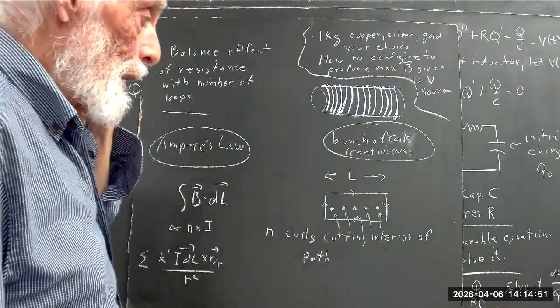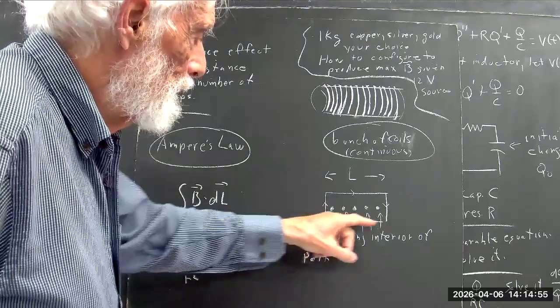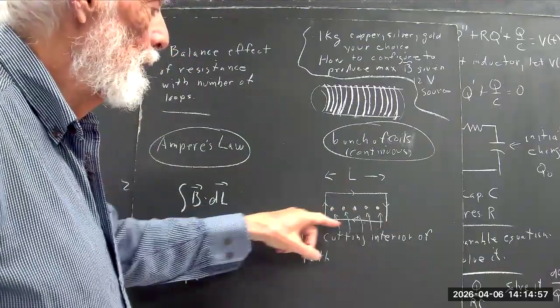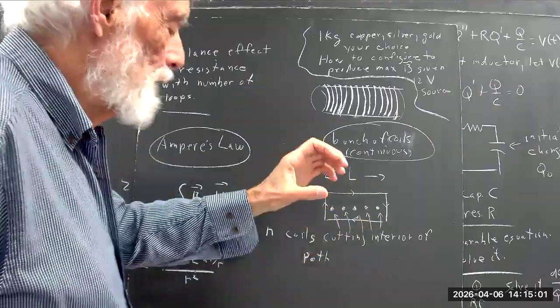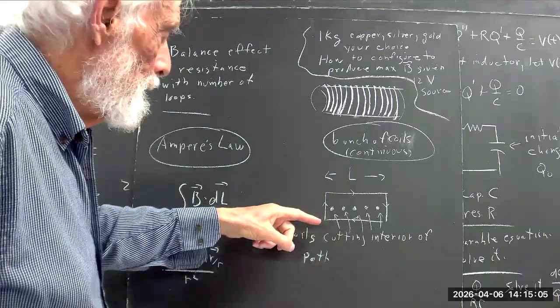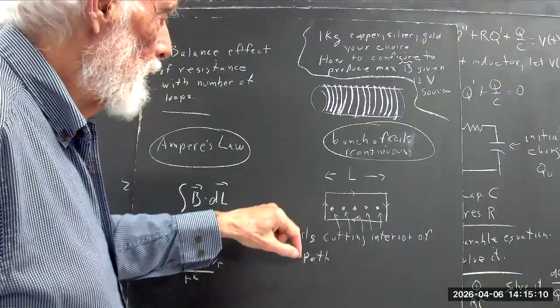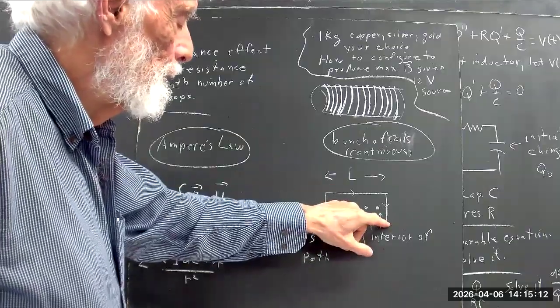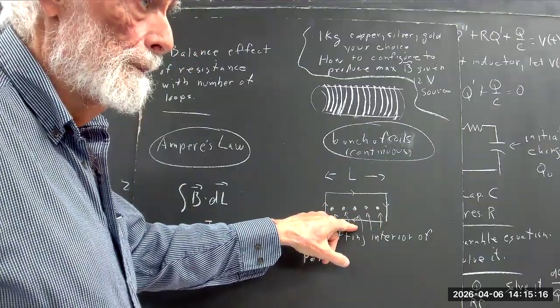So the magnetic field on the inside part, let's say this is the part of the path that's inside the cylinder, if you're integrating in this direction, then you would just multiply this length by the average magnetic field.